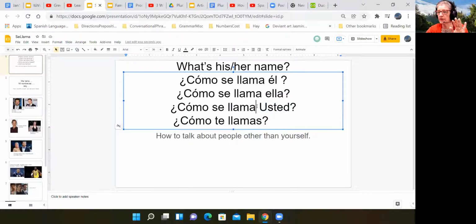But notice that se llama is the same to talk about one person, ella, which means she, or one person, if you mean él, he. So we use se llama to say what's his name, what's her name, or the polite you, okay? ¿Cómo, how, cómo se llama usted?